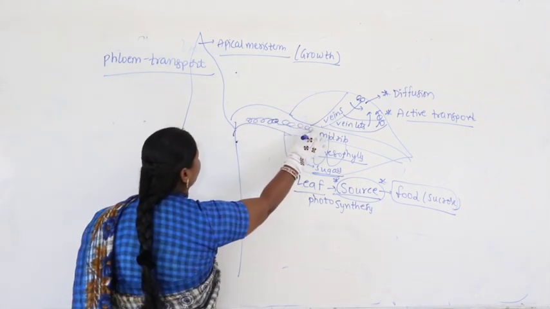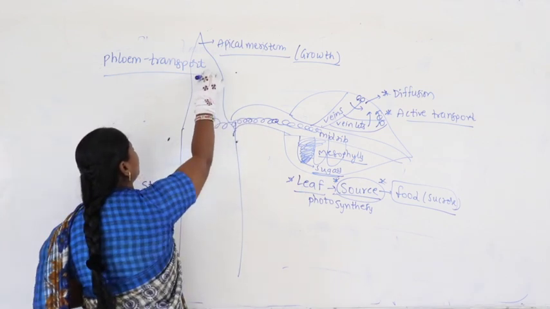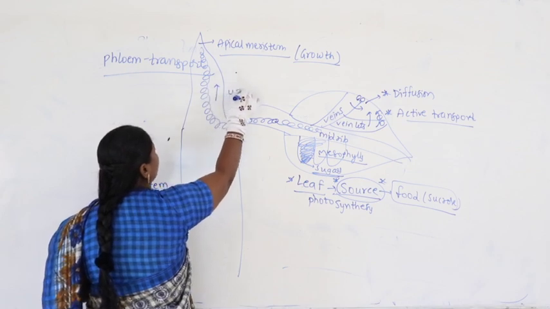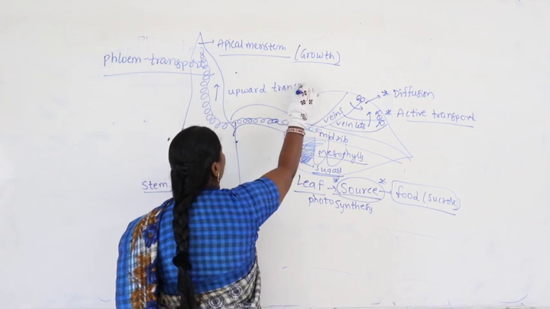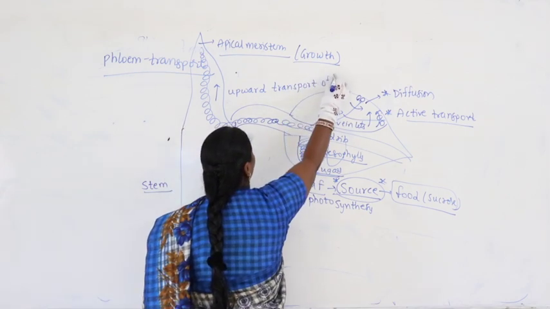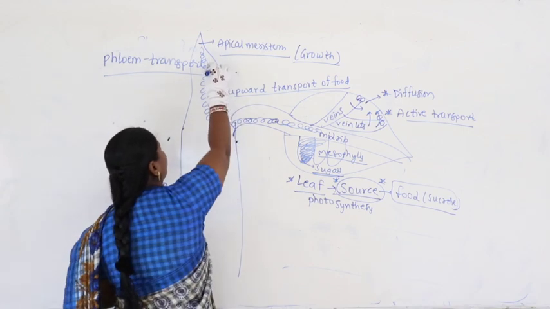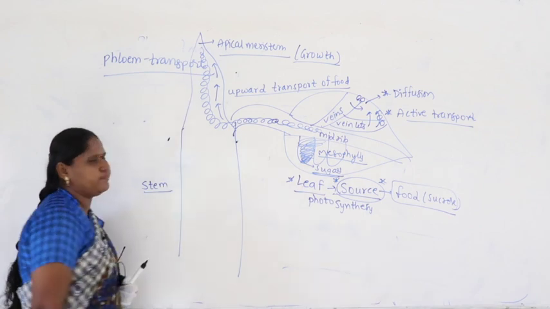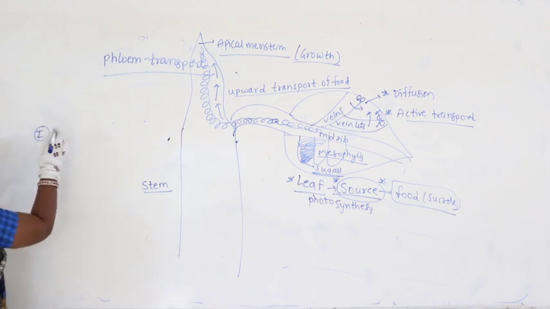So there is a transfer of food materials. From the midrib, from the veins, from the leaf, there is a transport of food in the upward direction. This is upward transport of food. From where to where? From the leaf to the apical meristem. The first one is the upward direction.